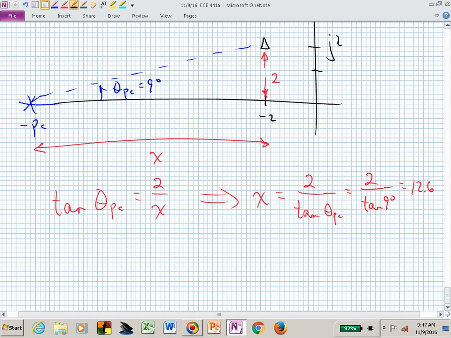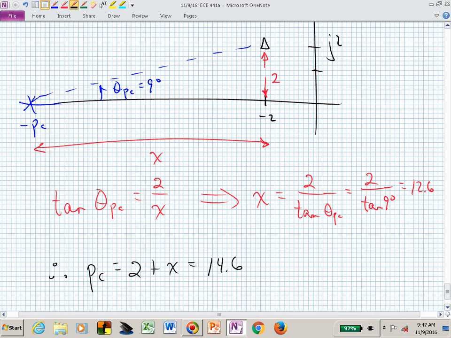Where do we locate our controller pole then? We locate it 12.6 to the left of minus 2. So that P, or P sub C, is now 2 plus x, or it's now 14.6.